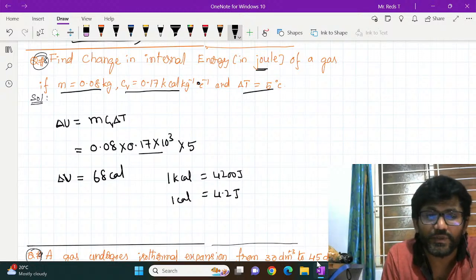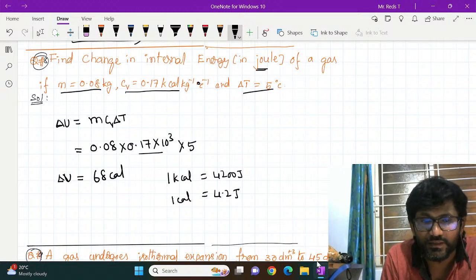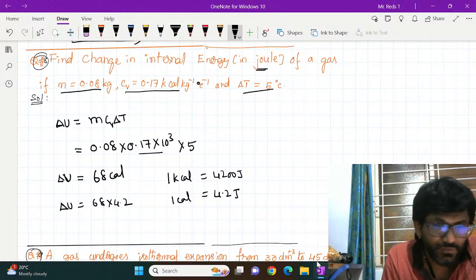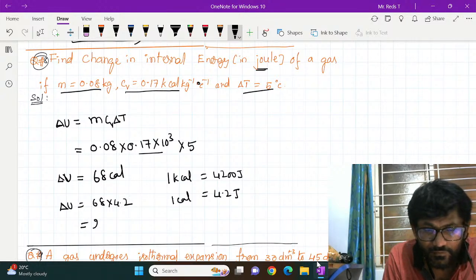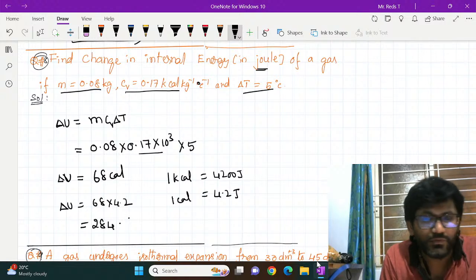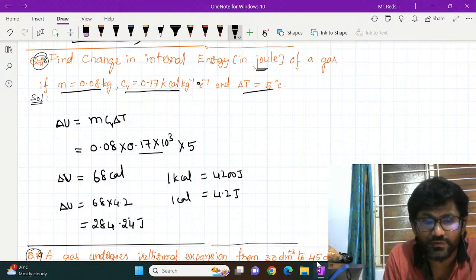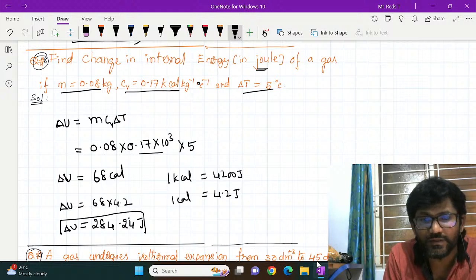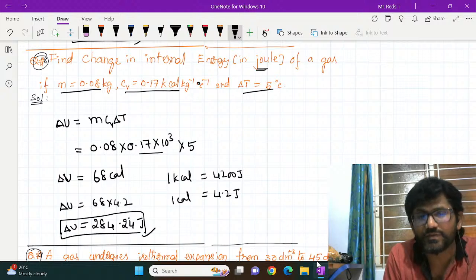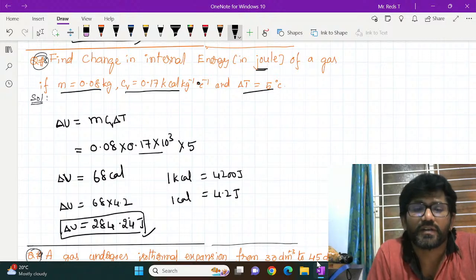Right, if you substitute this here, then you will get delta U as 68 into 4.2. So this gives you 284.24 joule. So this is the change in internal energy in terms of joules. You can cross check. This is the answer.